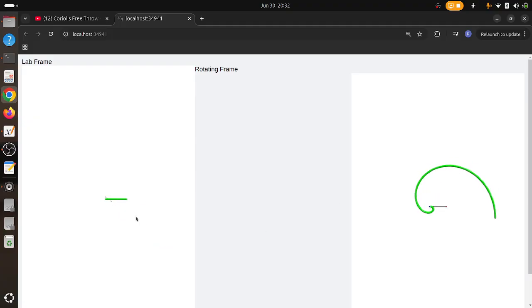This one just sails away with the same velocity because there is no force on this ball, right? I've neglected gravity just to simplify things. But here, this is the trajectory of the ball as observed in the rotating frame, and it curves like that. Okay, I think that is it for today. See you in the next video.